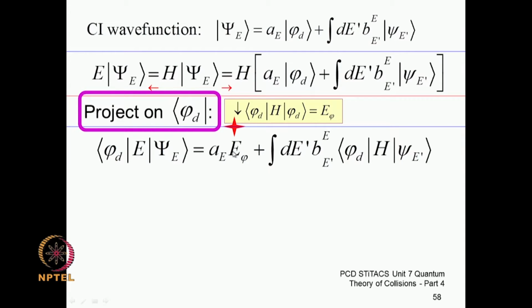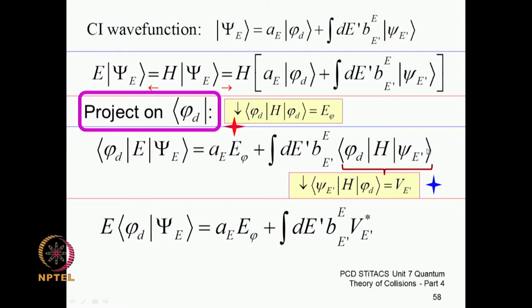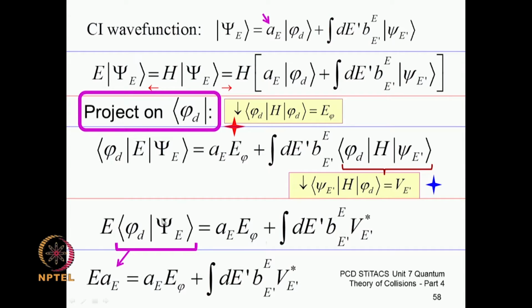So, E phi comes here, this coefficient is A e coming from here, and then this factor is nothing but V, which we have written earlier. So, you get V over here, and this is the projection of psi on phi d. So, the projection of psi on phi d is this coefficient A e, which comes here. So, you have E A e equal to A e E phi plus this integral.